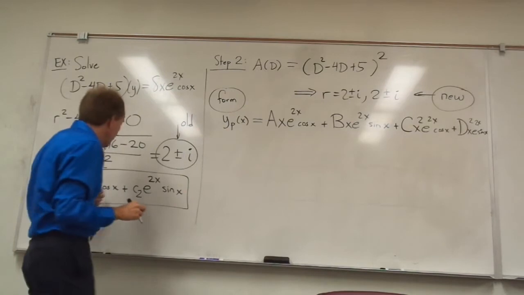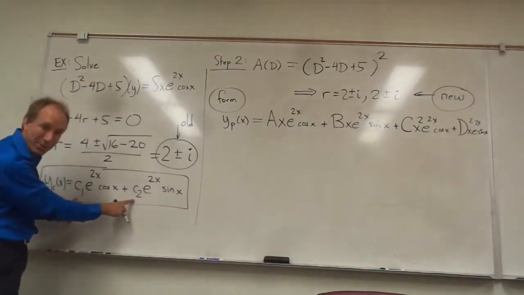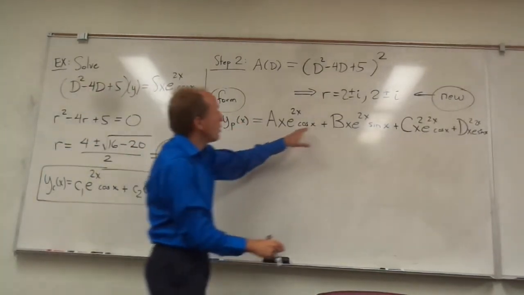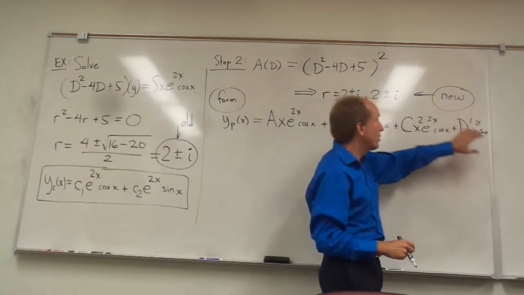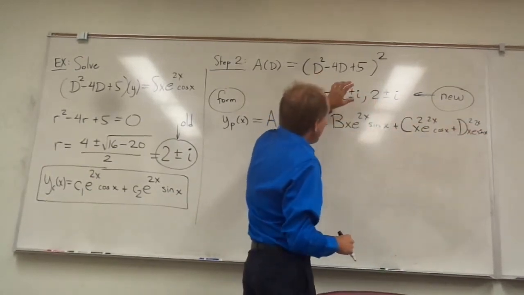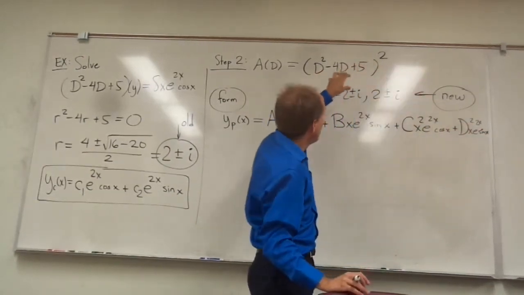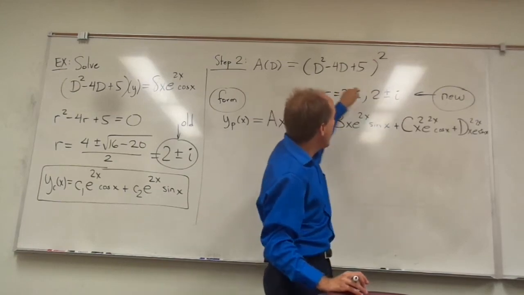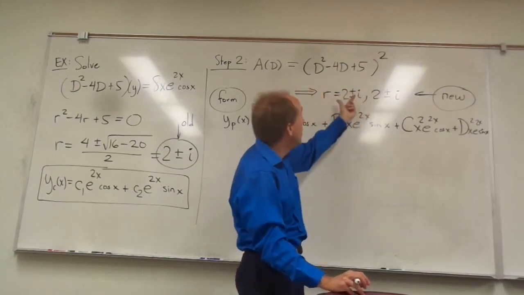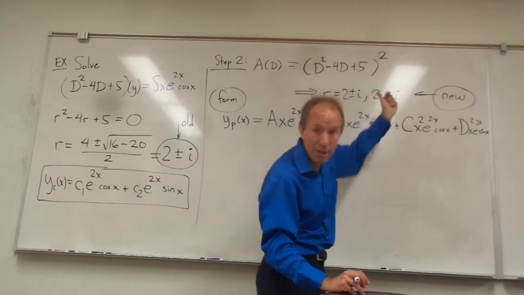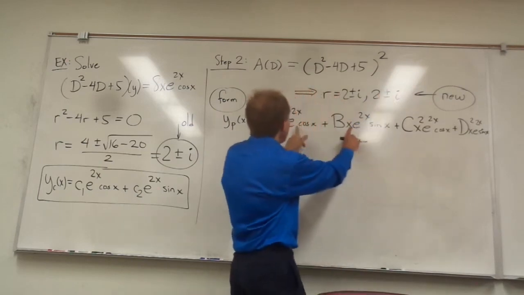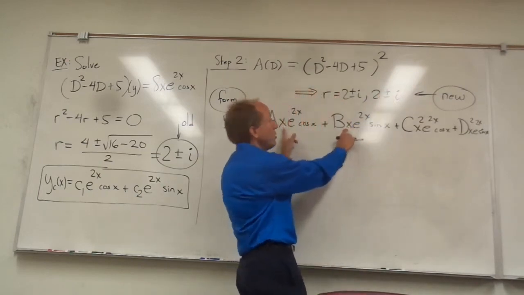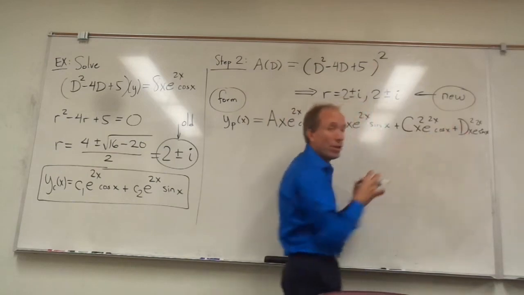Okay, you've got the complementary terms with the C1 and C2 in front of them. And then these are the terms coming from the particular solution. And they reflect the fact that the new roots, 2 plus or minus i, are already occurring here for the second and third times. So we have x's for the second occurrence and x squareds for the third occurrence.